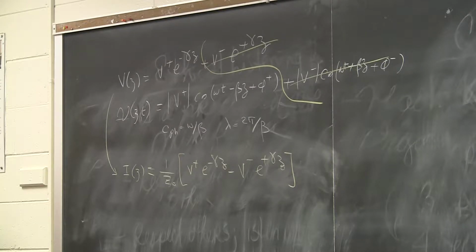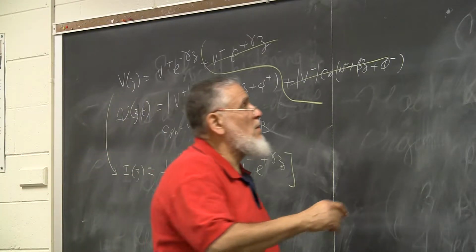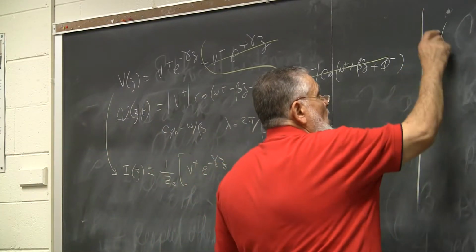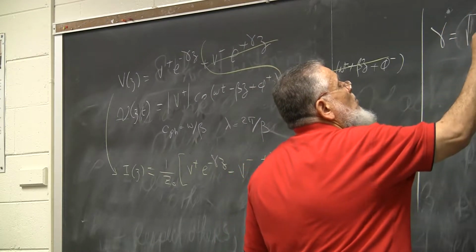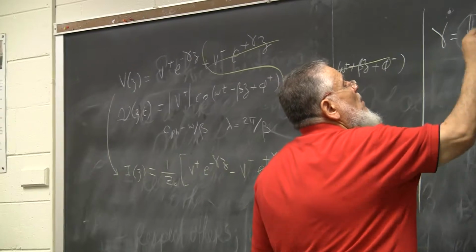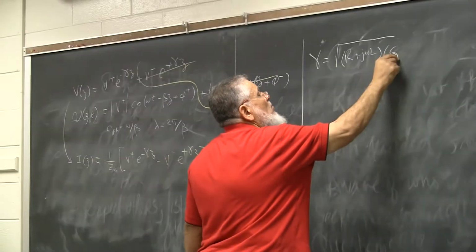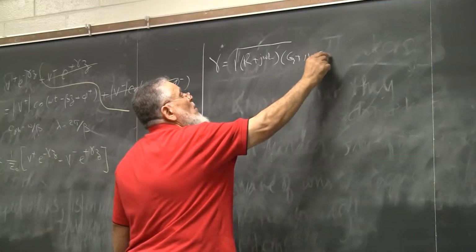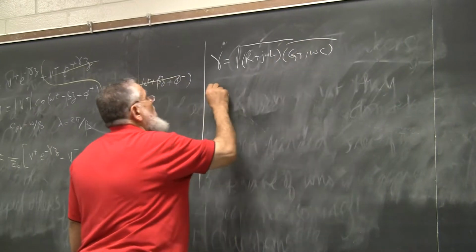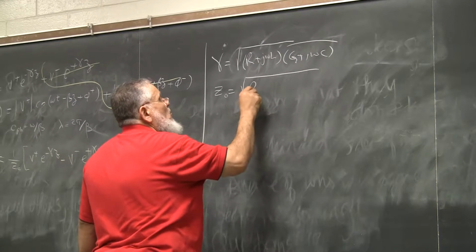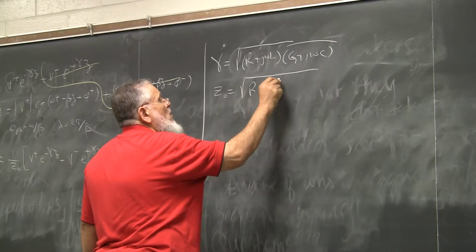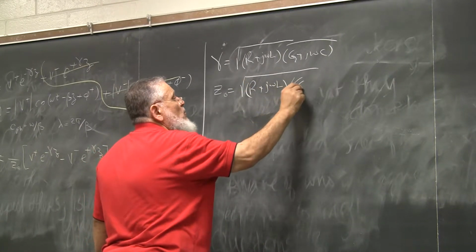We reached that solution where, as a reminder, gamma was the square root of R plus j omega L times G plus j omega C, and Z naught was another constant which was the square root of R plus j omega L divided by G plus j omega C.